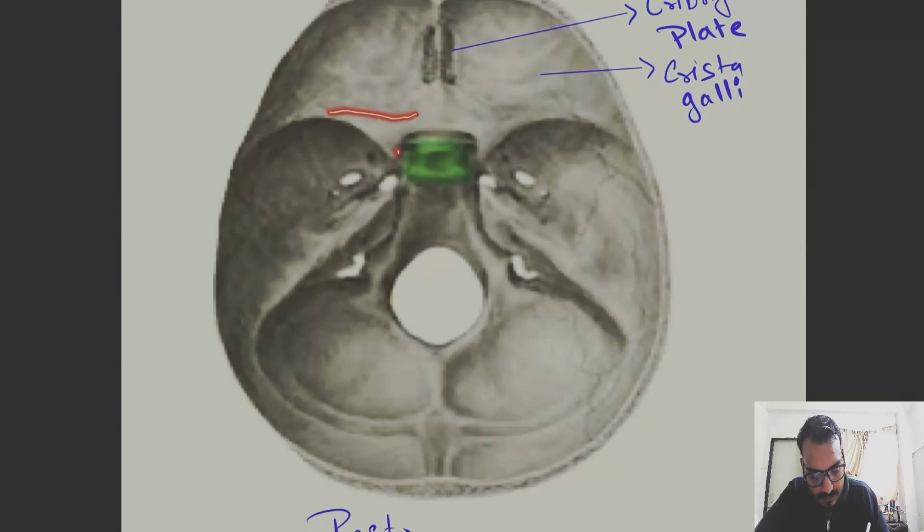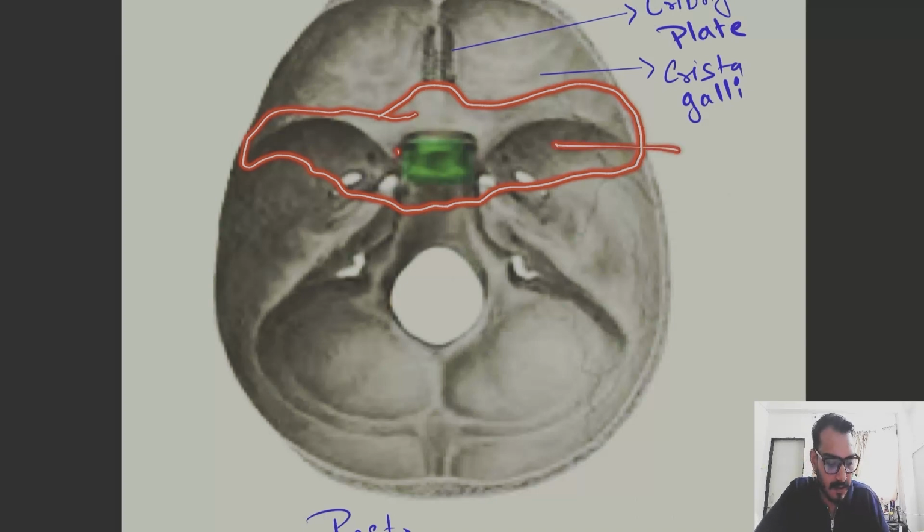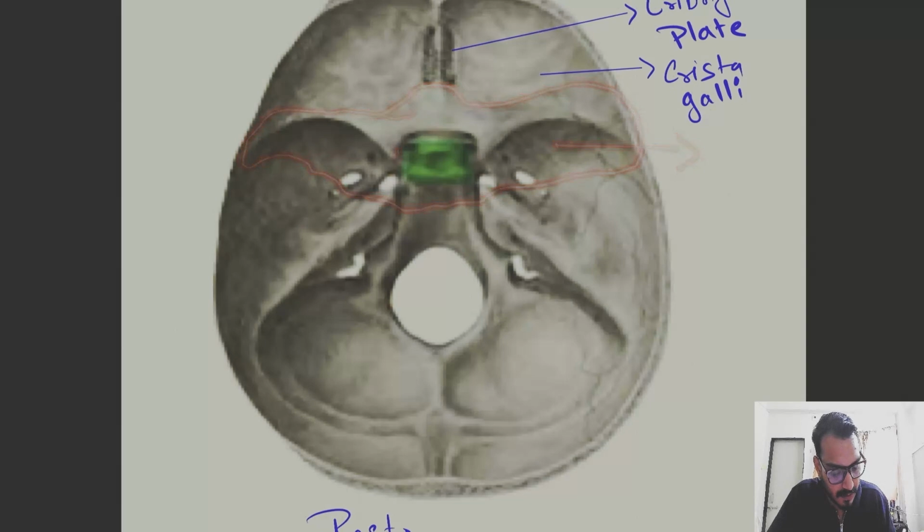What is this structure? This is sphenoid bone.